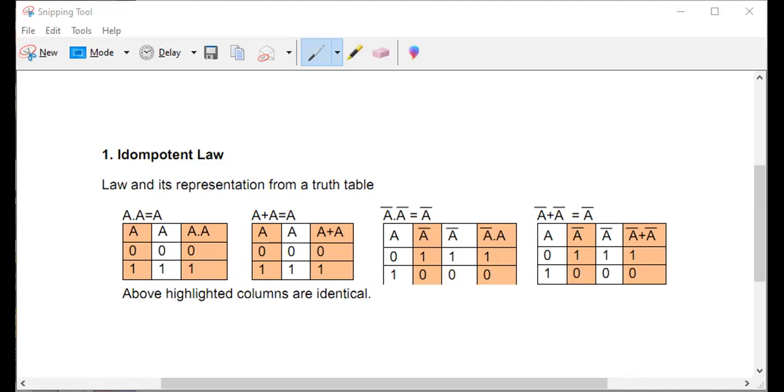And in addition, variables in Boolean expressions are added to each other.